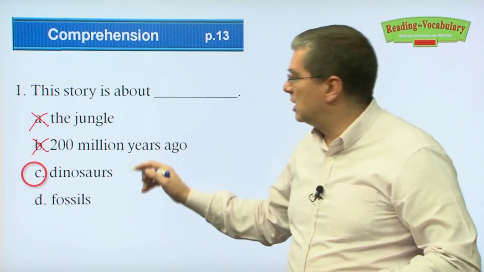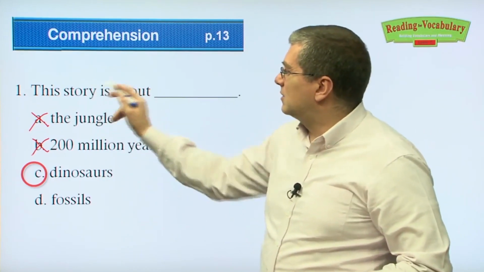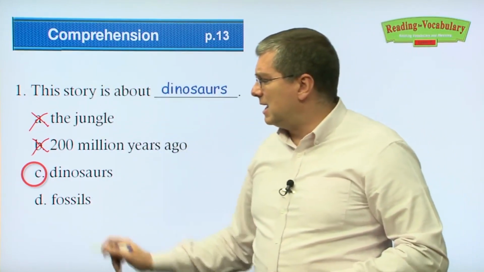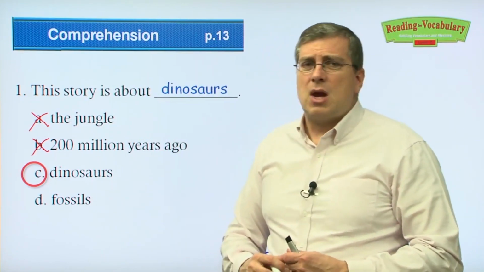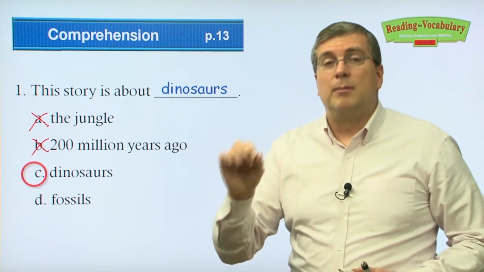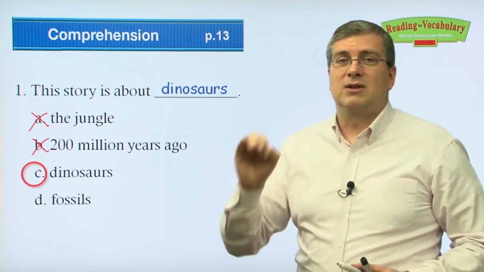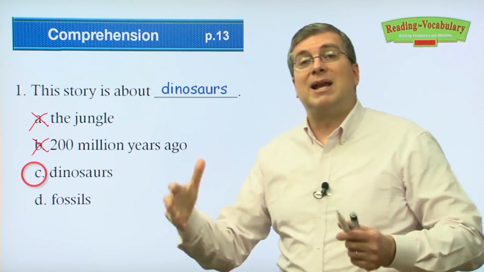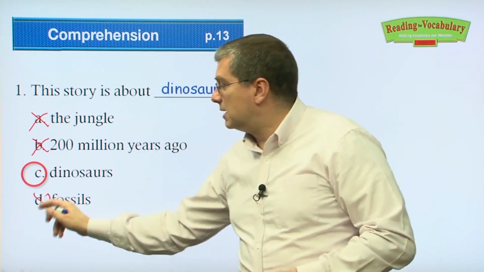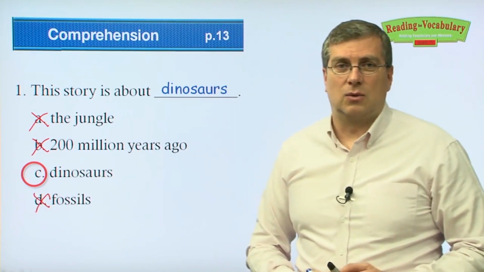All of that information is about dinosaurs. So this story is about dinosaurs. Just looking at D, is the story about fossils? No, because fossils were a part of the story, sure, but we also talked about footprints, we talked about teeth, we talked about many other things than fossils. The main subject of this story was dinosaurs.